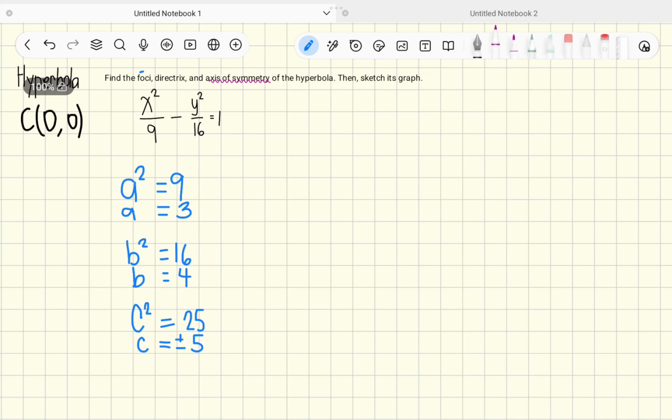Instead of axis of symmetry, you have your transverse axis. We have to determine what the transverse axis is, and from the transverse axis, we can get the conjugate axis, because we know that the conjugate axis is perpendicular to the transverse axis.